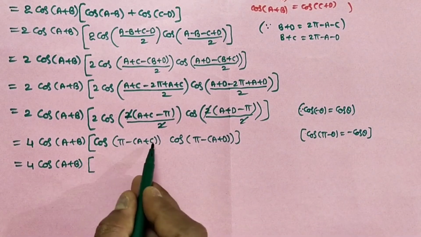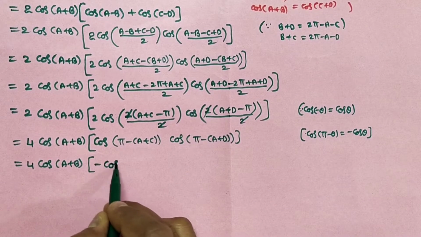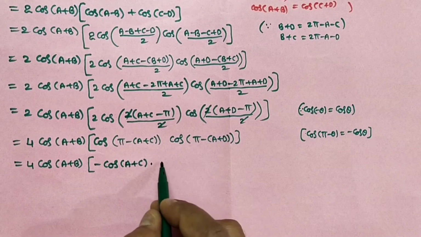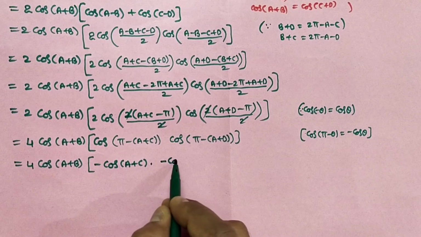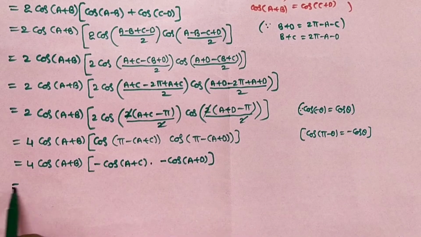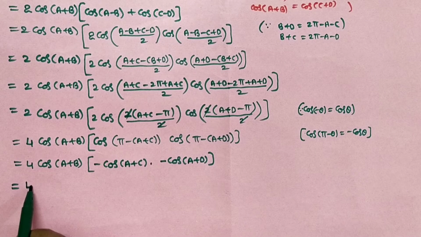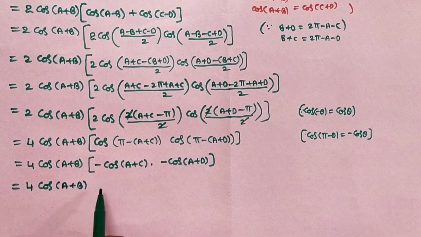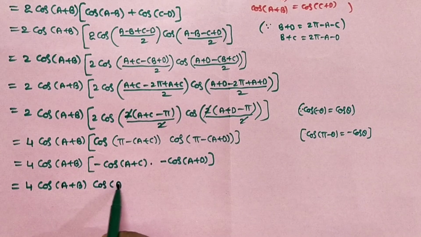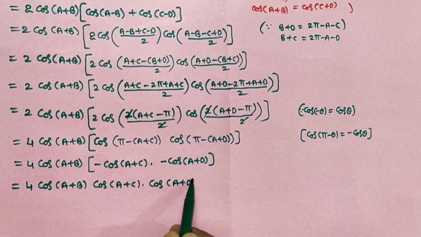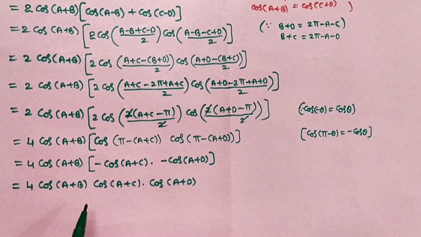So cos of pi minus (A plus C) is minus cos of (A plus C), and cos of pi minus (A plus D) is minus cos of (A plus D). Minus into minus is plus, so 4 times cos of (A plus B) into cos of (A plus C) into cos of (A plus D). Hence the required result.